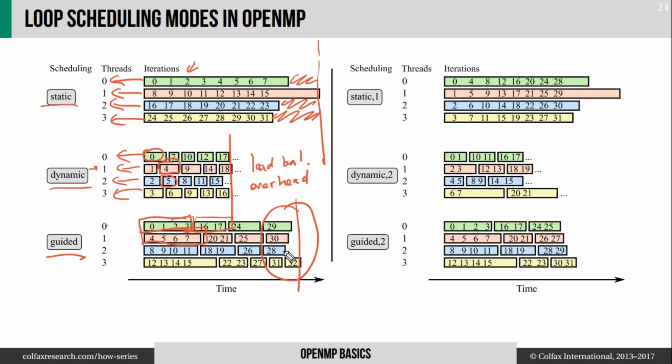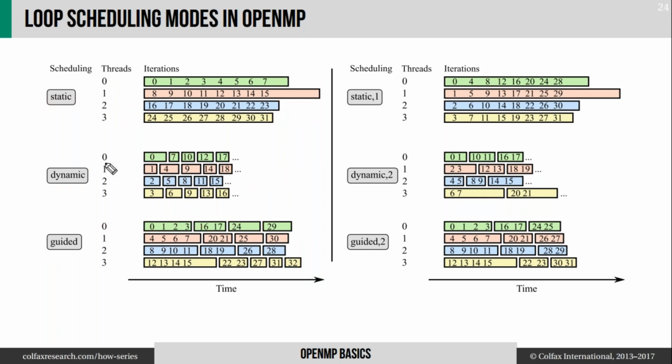Which mode works best depends definitely on the nature of the workload, and sometimes you have to try all of them to see. In addition to the modes, you can also tune a numerical parameter called the chunk size. With static mode, the chunk size is how many iterations are assigned to every thread before you loop over.